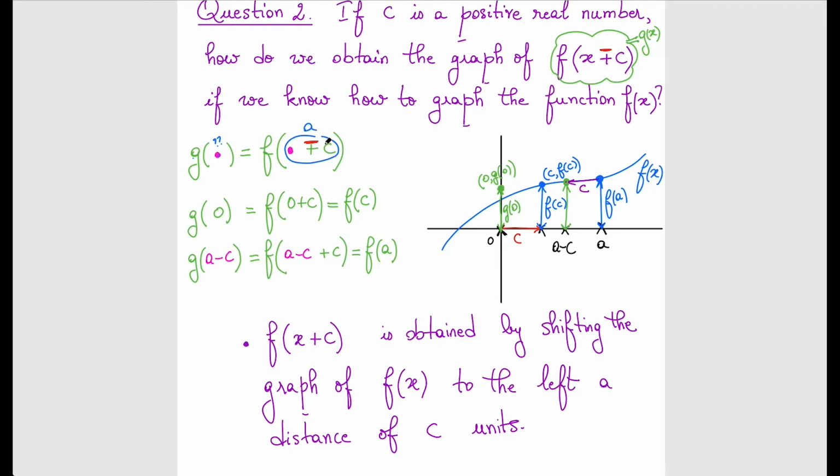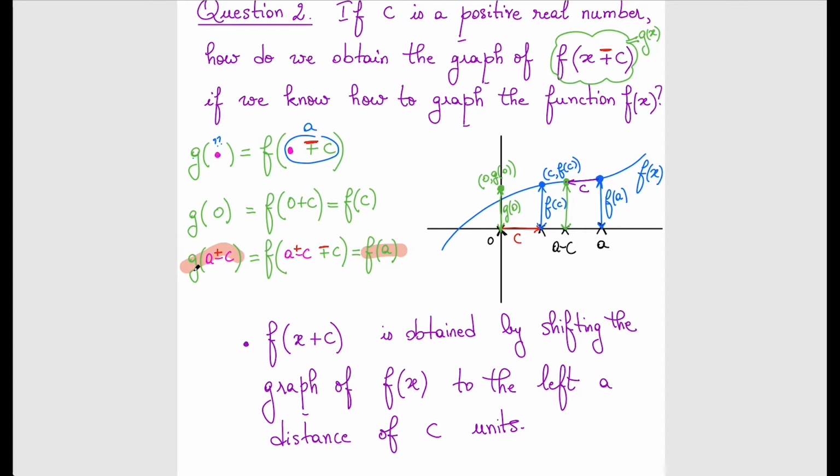Well, this becomes an a if you input here, instead of this pink bullet, a plus c, correct? So try it. g of a plus c is going to be f of a plus c minus c, and plus c minus c is simply 0. So this becomes f of a, correct? Pay attention, I'm just talking about the red operations. So this means g of a plus c is equal to f of a.